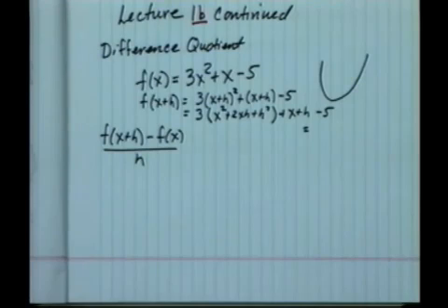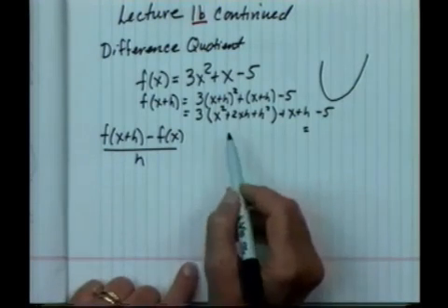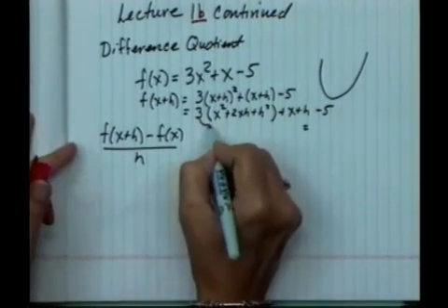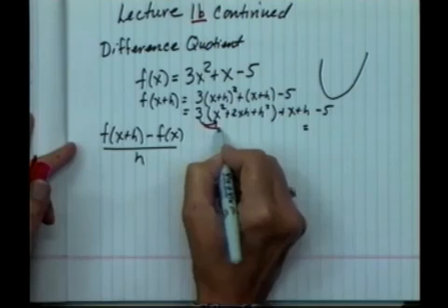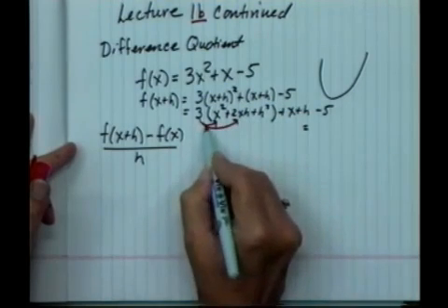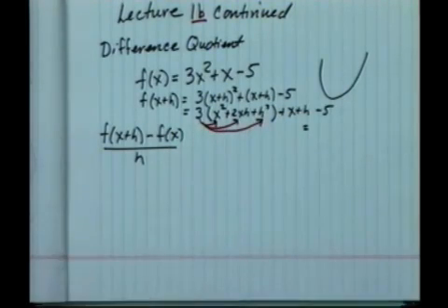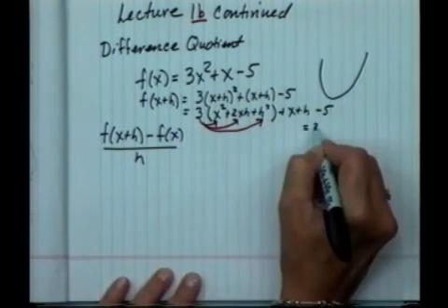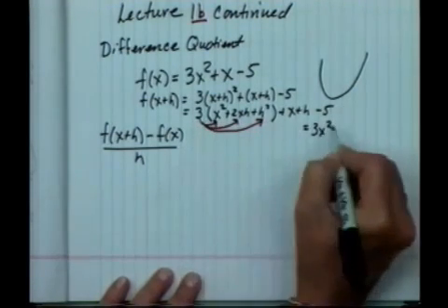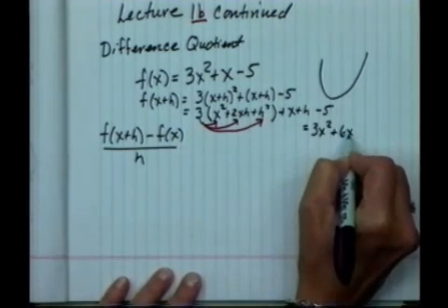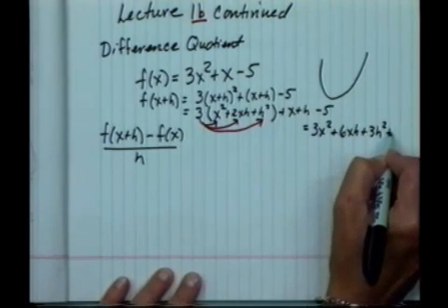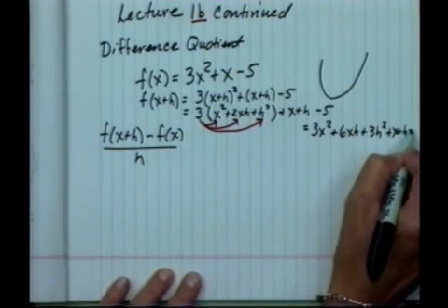Let's clean this up. Don't forget that we need to distribute the 3: 3 times the x squared, 3 times the 2xh, and 3 times the h squared. So we're going to have 3x squared plus 6xh plus 3h squared plus x plus h minus 5.